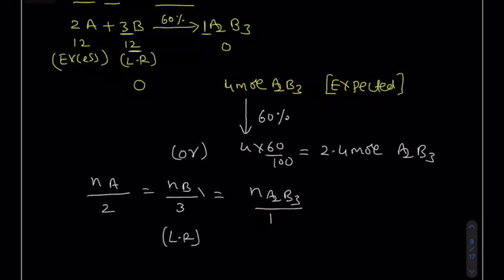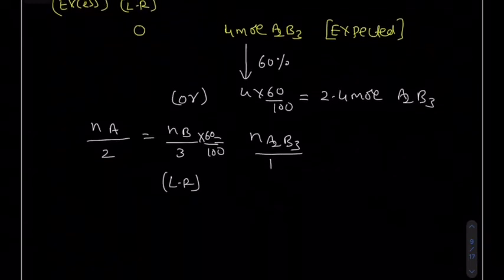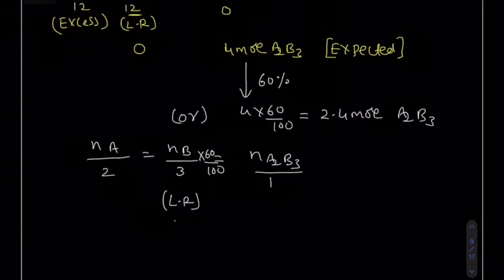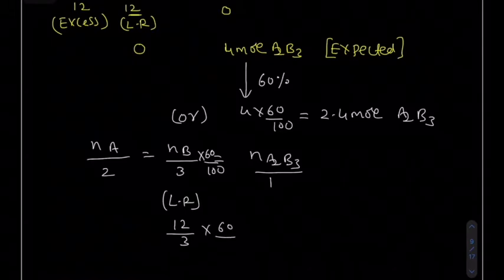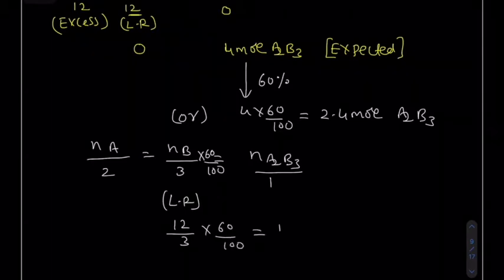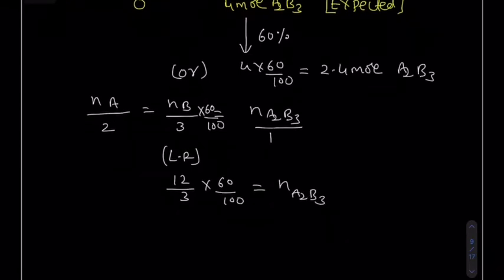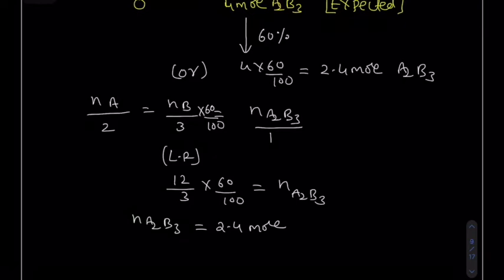That's why I am multiplying with 60% here. How many moles of B is there? 12 moles into 3 divided by 3, times 60% will be equal to the number of moles of A2B3. From here also, you can solve: number of moles of A2B3 becomes 2.4 moles. Are you getting my point?